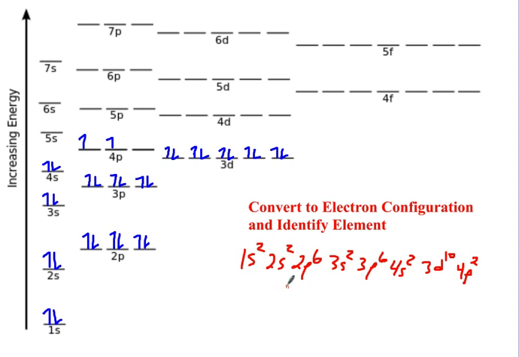4p2. Okay, there's two ways to figure out what element you're dealing with here. One of the ways is to add all these up. 2, 4, 6, 12, 18, 20, 32. So you can find element number 32 to figure out what element you have, or the much shorter version is to look at your last one, 4p2, and just go find 4p2 on your periodic table.